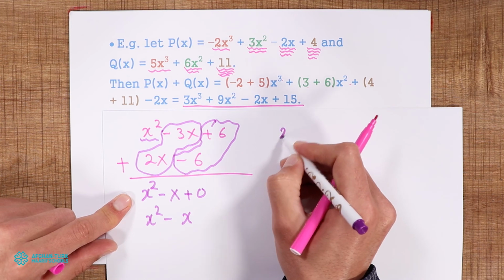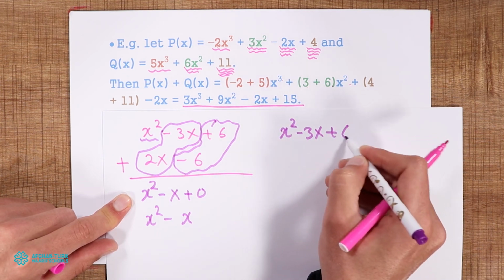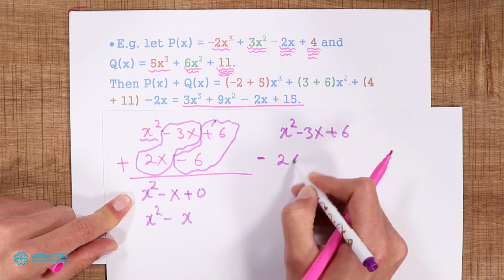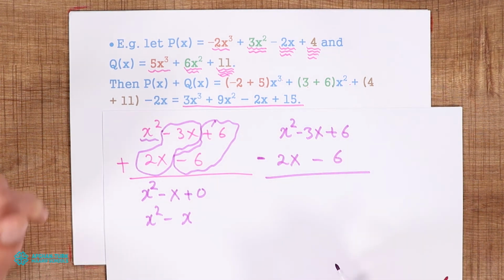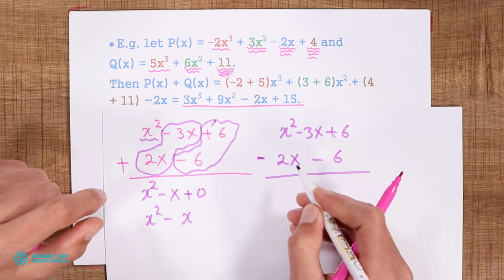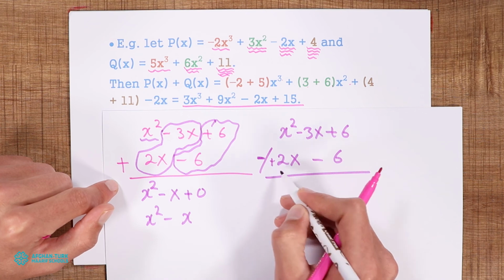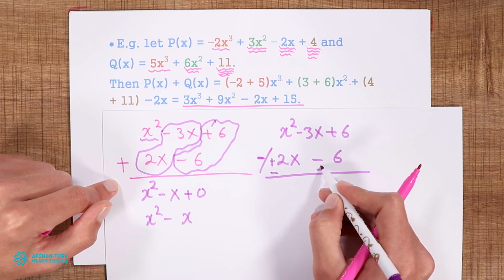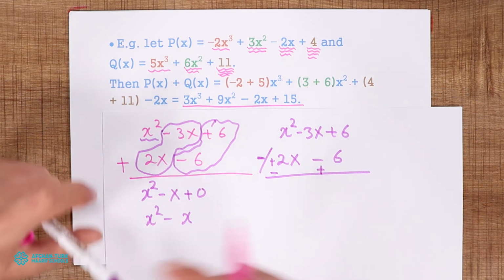For subtraction, x squared minus 3x plus 6 minus 2x minus 6. In subtraction, you must change all the signs of the second polynomial. For example, in here we have plus sign. In here we have plus sign, it will be minus or negative. And here negative 6 will be positive 6. Now, add the like terms.